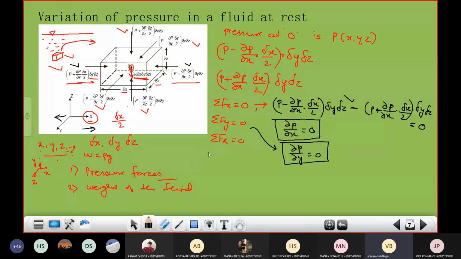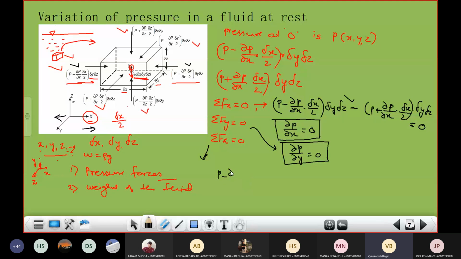And the last term I should write, because there are additional forces apart from pressure forces. So for summation Fz equal to 0, look at the z direction. This force must be positive along the z direction.